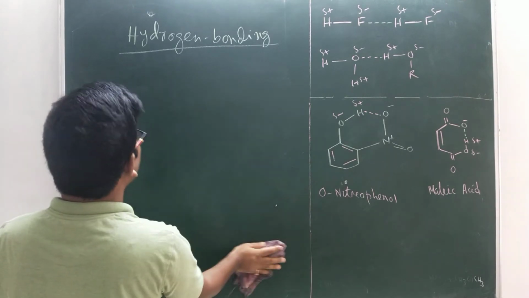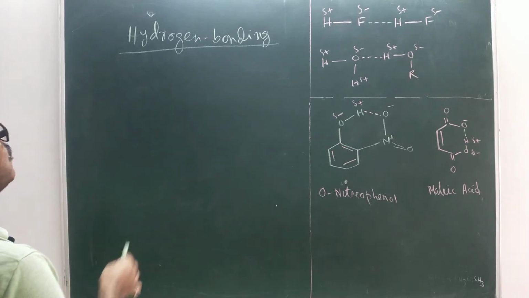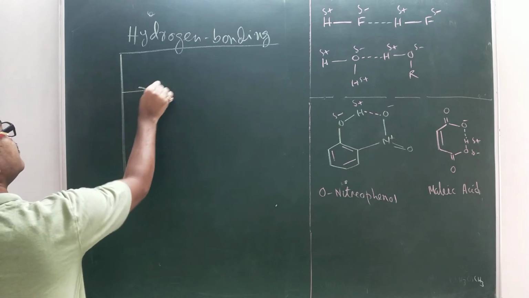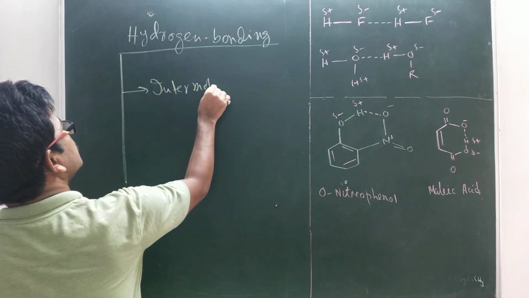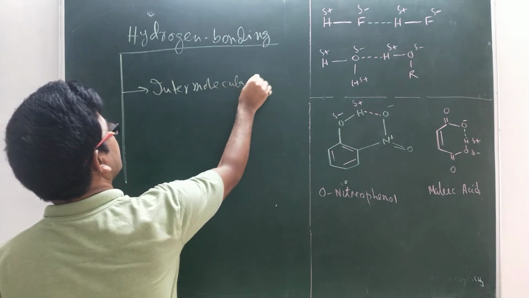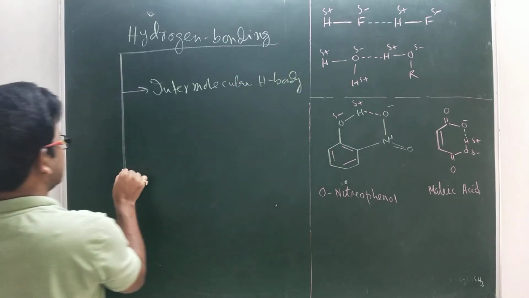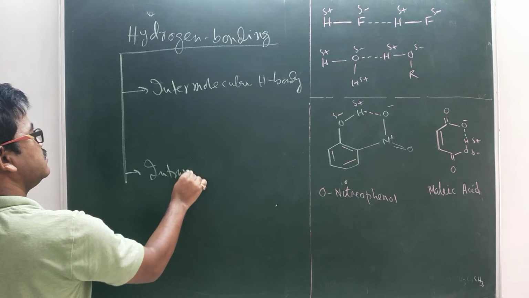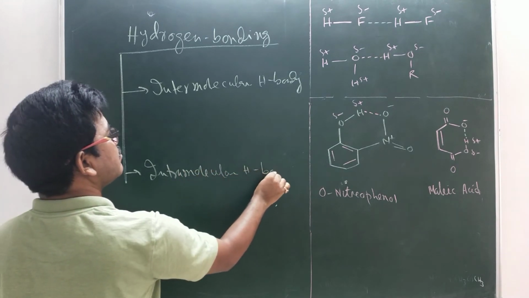Now these hydrogen bondings are of two types. Intermolecular hydrogen bonding, and the second one is intramolecular hydrogen bonding.